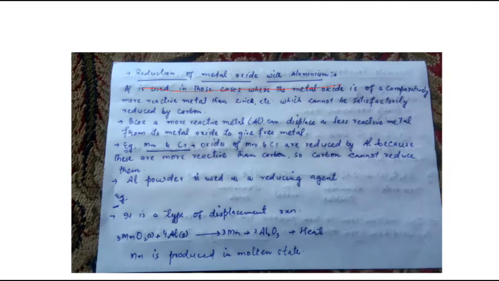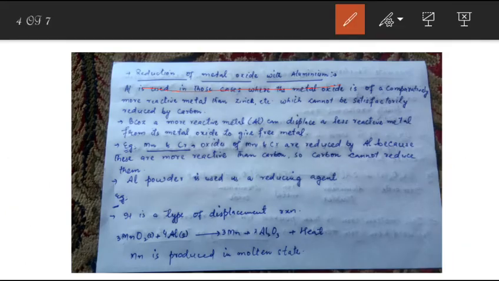But if the elements are manganese or chromium, these are more reactive. These two metals are more reactive than carbon. That is why carbon cannot displace manganese and chromium from their oxides.